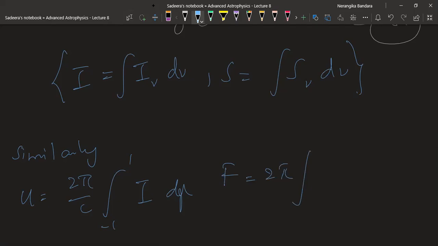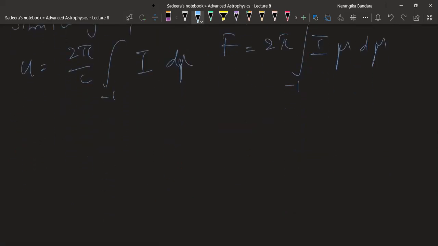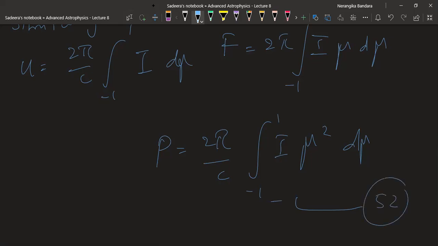I'm just getting rid of those nu subscripts. That's the only difference that we have here. And also the radiation pressure would be 2 pi times the integral. Let's call all these three equations equation number 52.